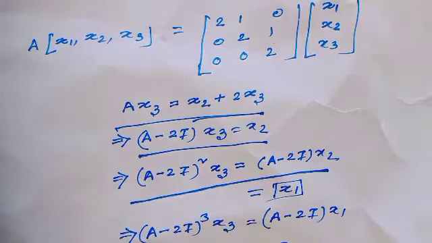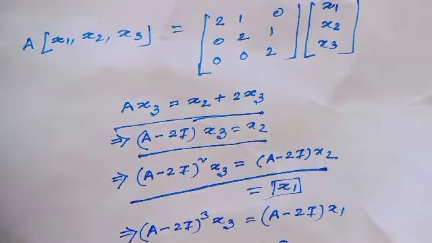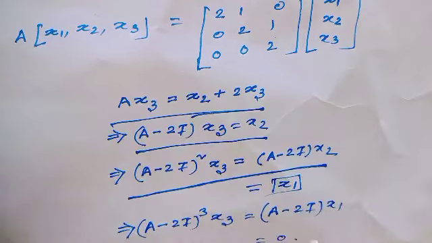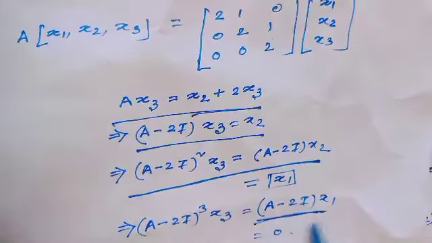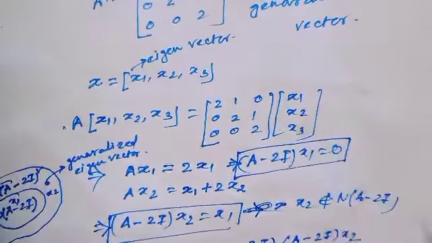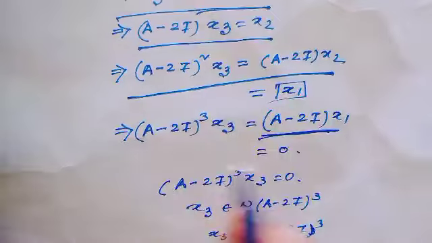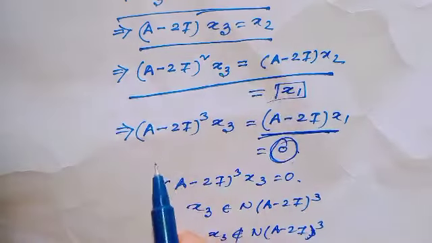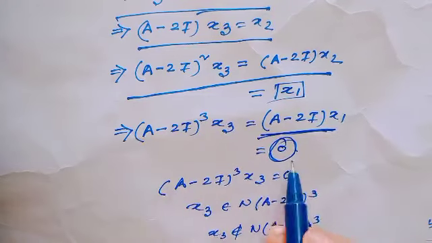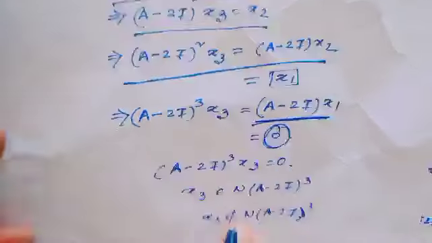Now multiply this equation on both sides by A minus 2I. Then (A minus 2I) cubed x3 equals (A minus 2I) x1, and (A minus 2I) x1 is 0. That means I have got (A minus 2I) cubed times x3 equals 0.